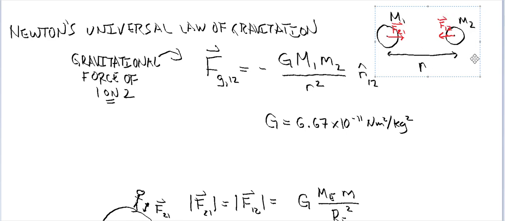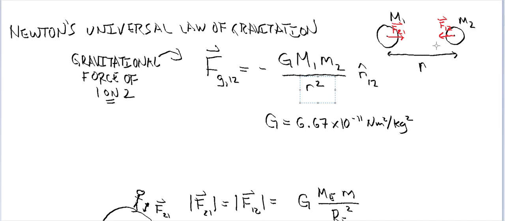If we double the distance between their centers of mass, we wind up reducing the force not by a factor of 2, but by a factor of 2 squared. So if it was 1 Newton before, if you double the distance, the gravitational force between them will be only 1/4 of a Newton.